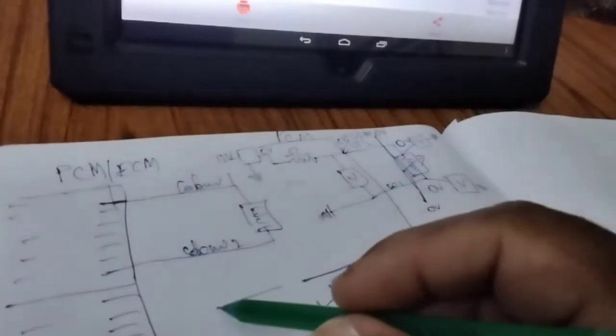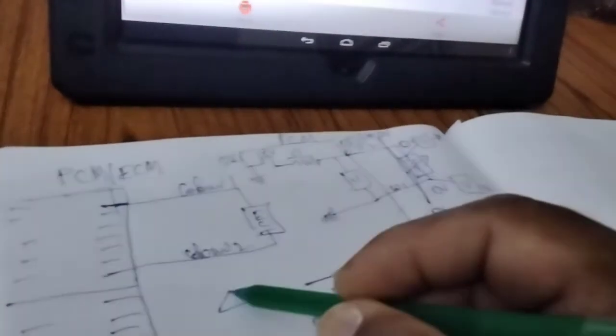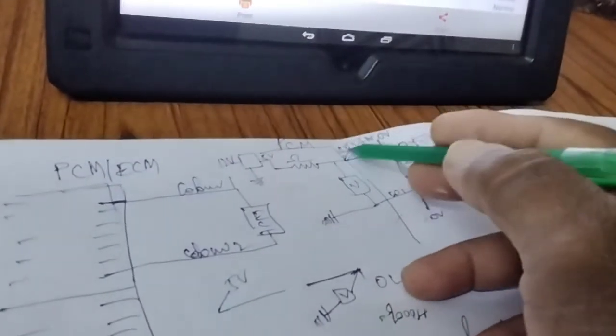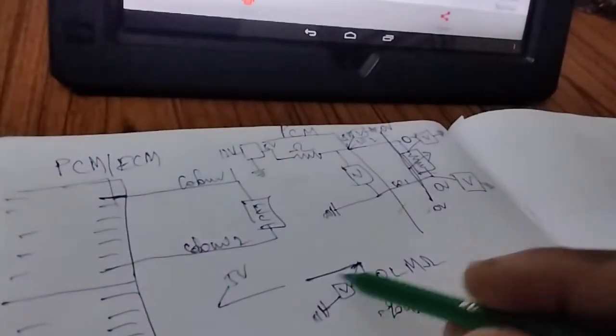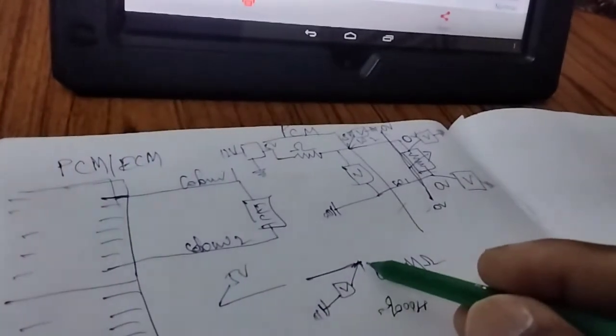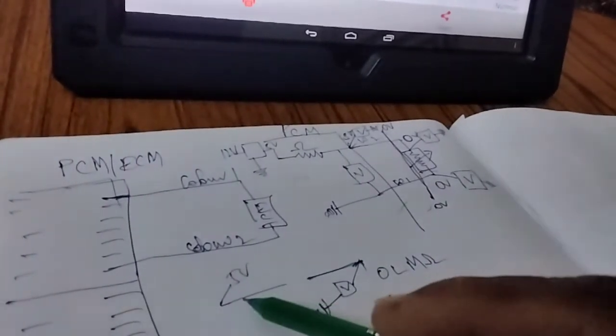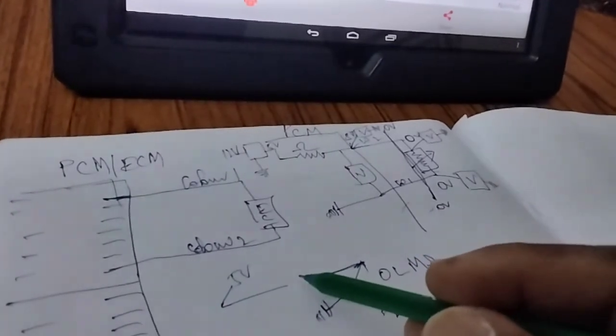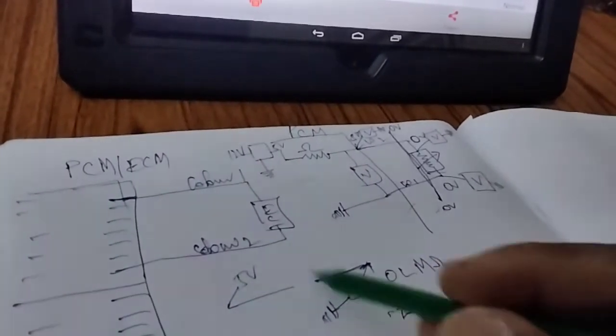Then since he had got 5 volts reference voltage at the computer, I asked him to check if there is any break in the wire. So when he checked for breakage in the wire, he found one breakage due to heat and vibration, I guess.